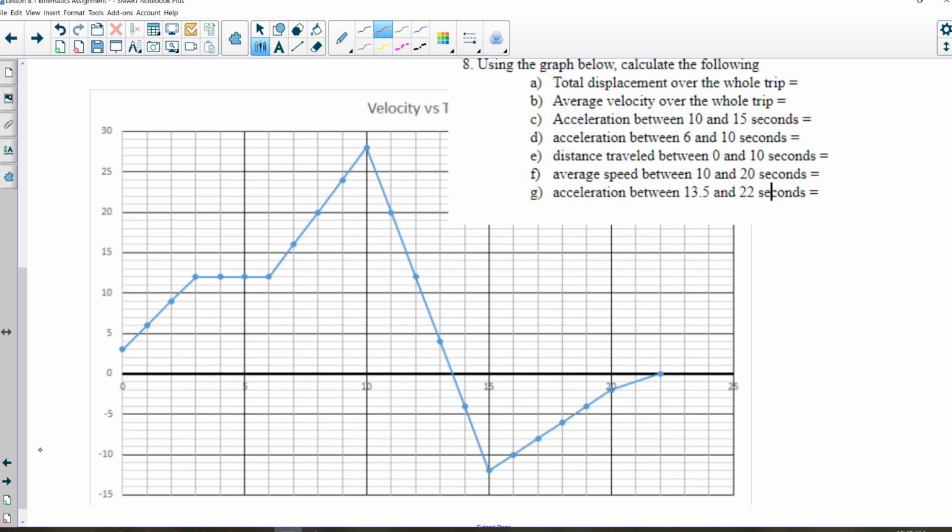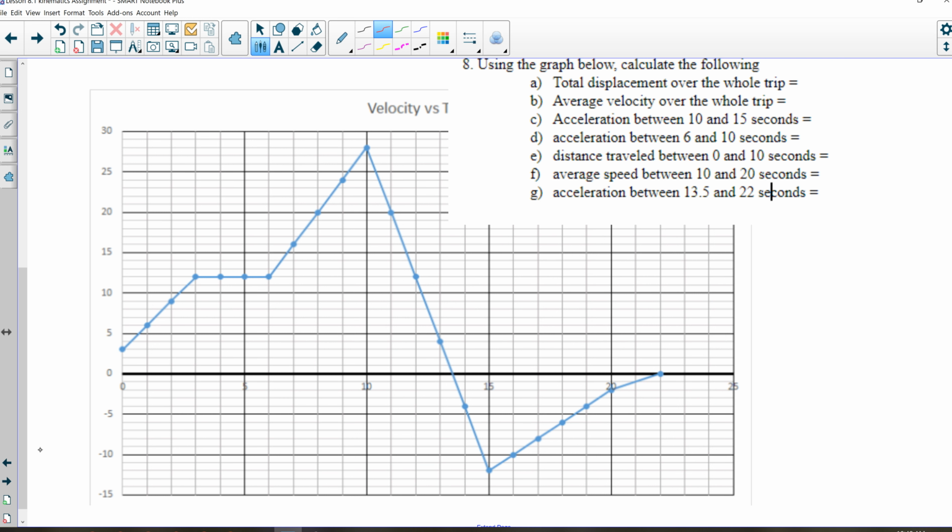What's on this graph, guys? Velocity and time. Those are the two things I can read off of this graph. Looking at this graph, I can find out how fast and in what direction an object is going at any given time between 0 and 25 seconds. That's what I can read directly off this graph.